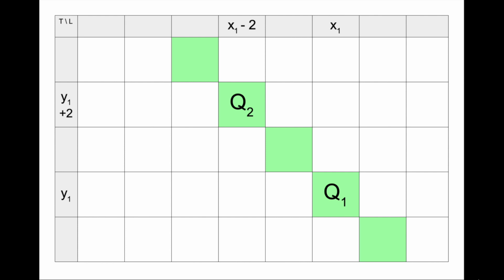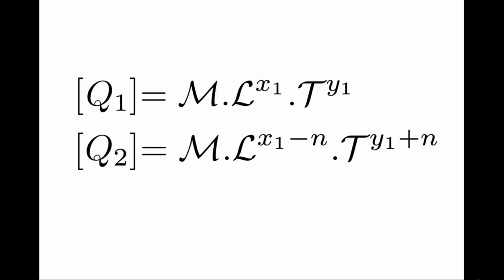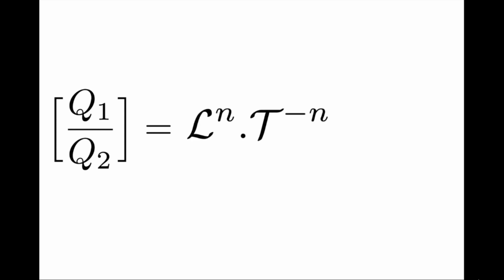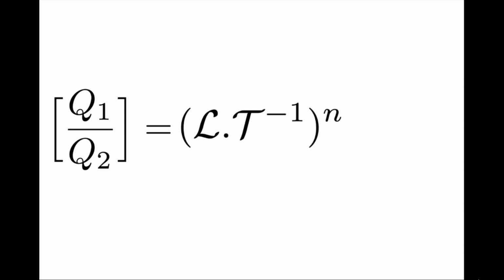More generally, for any difference of column and line n, two quantities on the same diagonal of slope -1 must have dimensions of this form. Then, what would be the dimensions of the ratio of Q1 and Q2? The mass cancels out, of course, but also the length to the power x1 on both sides, and the time to the power y1, leaving only a quantity with dimensions L to the power n and t to the power -n, which we can write as Lt-1 raised to the power n.